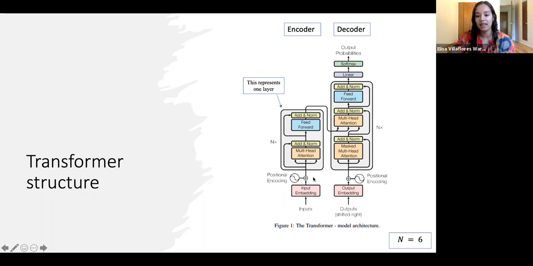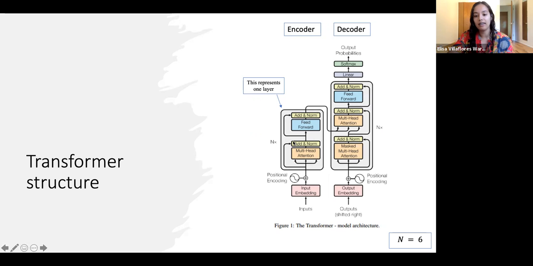And so in this figure, we have this giant box here, and each of these giant boxes represents a single layer. So in the encoder, it says n times this box. It means that there are n times this layer. So in the paper, they suggest using n equals 6. So they have 6 layers in the encoder and 6 layers in the decoder.